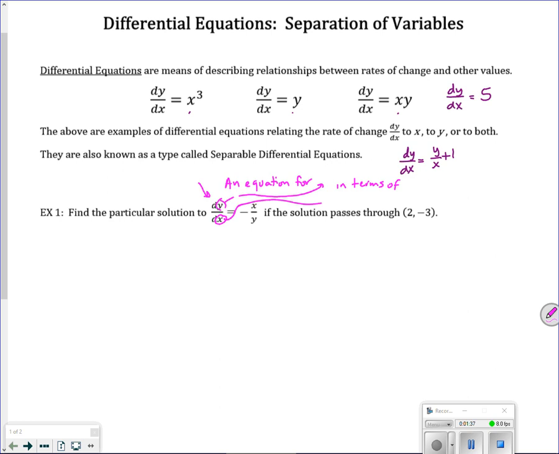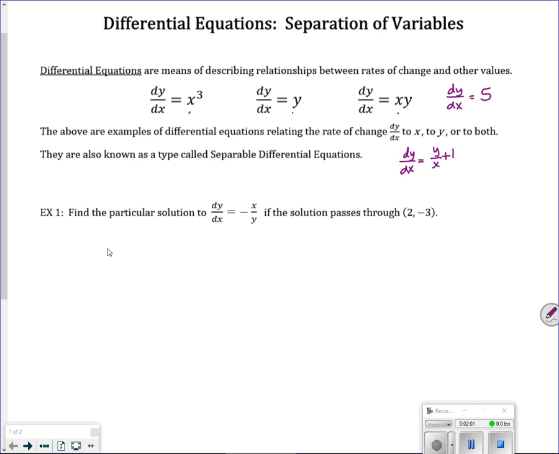So my answer is going to be y equals something with x's in there. And these are what we're familiar with. I tell you that because sometimes if they're not x and y, it's hard to know what you're solving for. So remember what our steps are.